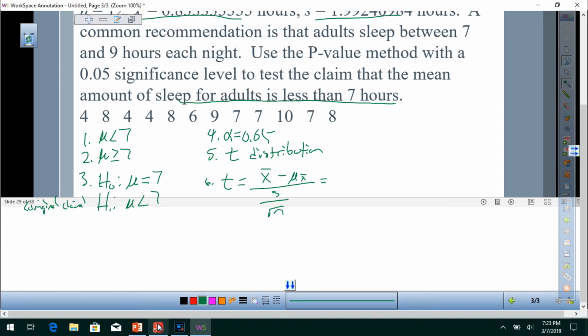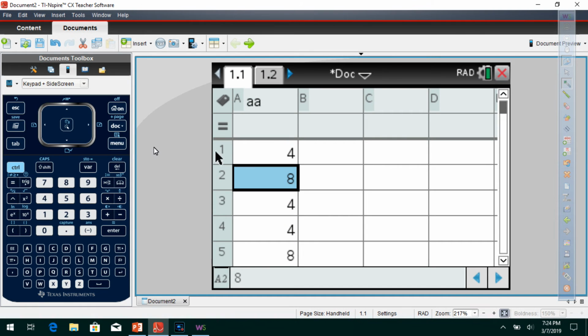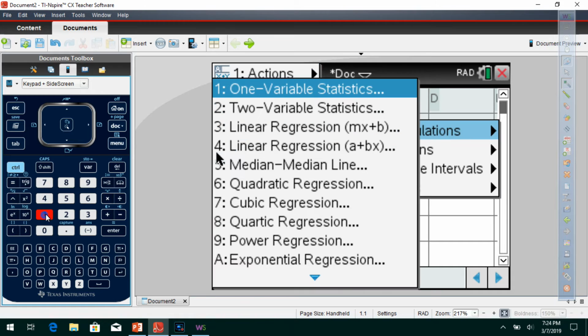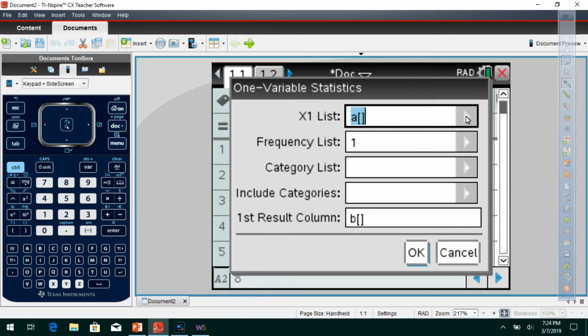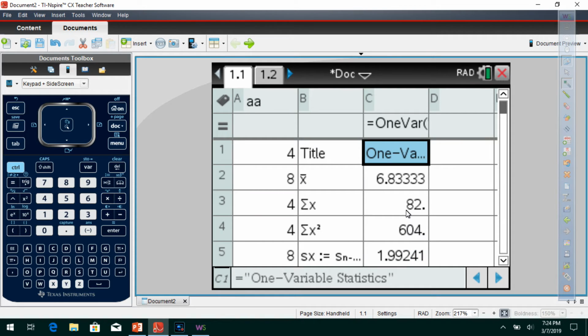We're going to go back to this right here, and the first thing we're going to do is menu 411. Number of lists is 1. X list, we call it AA, and there we go. And then we can check 1.9, 41.